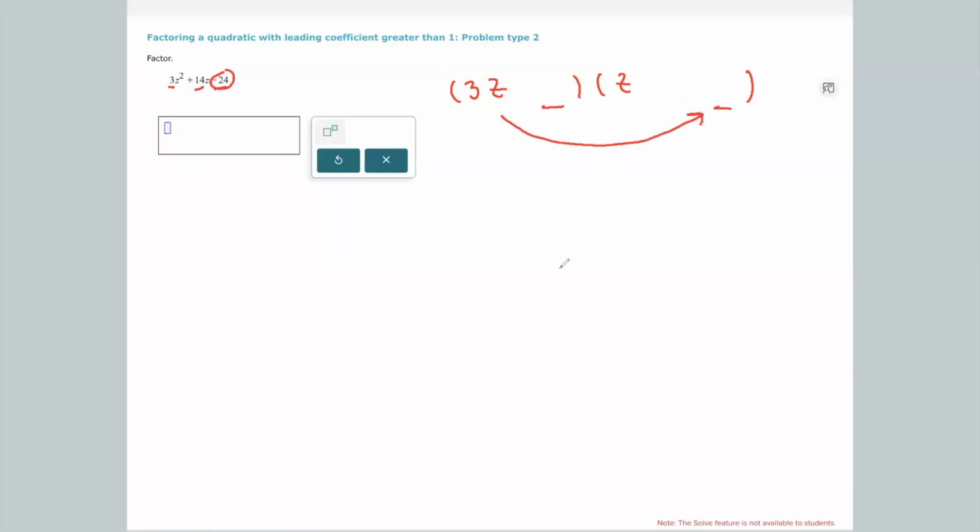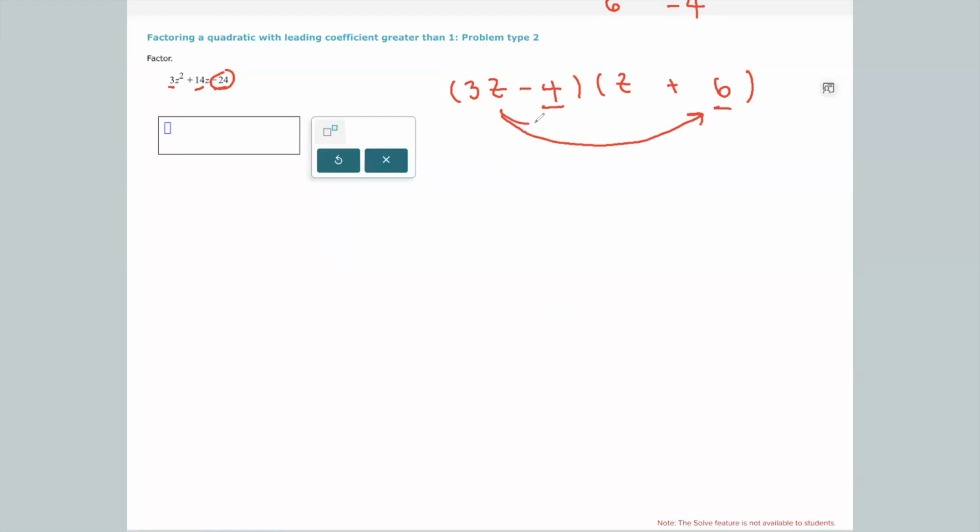So for negative 24, what if we did 6 times negative 4? Because if I put positive 6 here, 3 times 6 is 18, so we'll get 18z. If I do minus 4 here, minus 4z, that's going to give me 14.